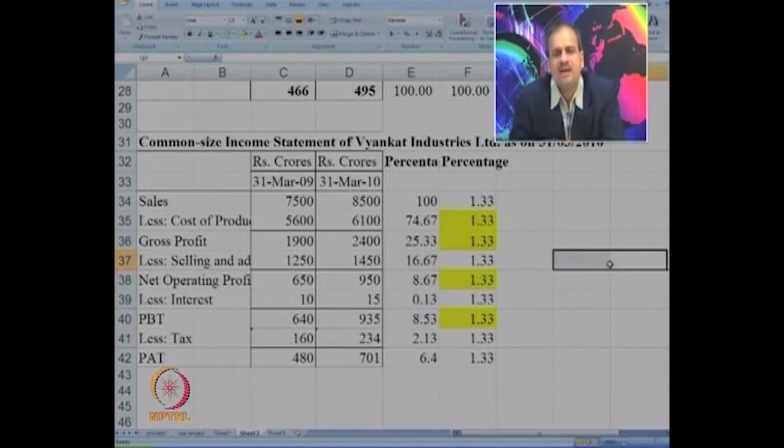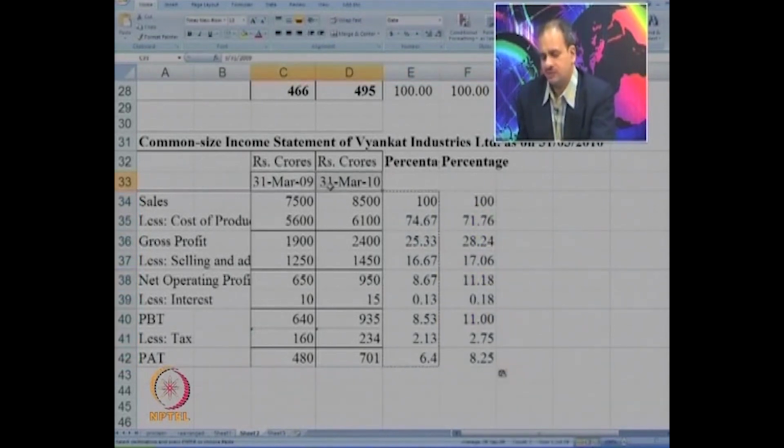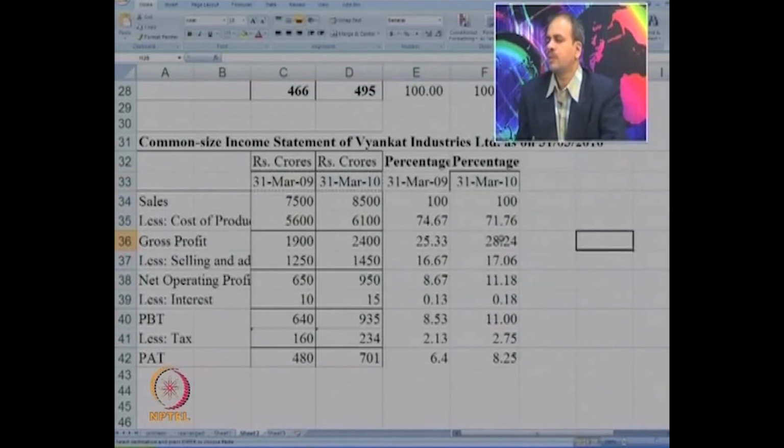So here you have the data: sales is compared with sales, so obviously it is 100%, and then the other figures you get now as a percentage of sales. We will also do it for 2010. So, are you getting it?